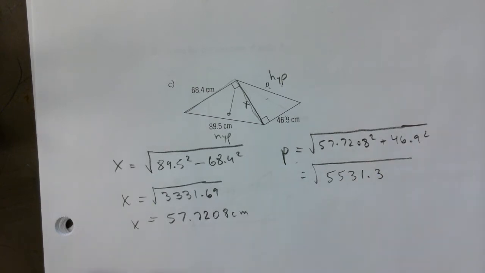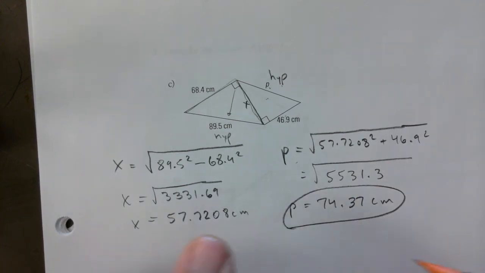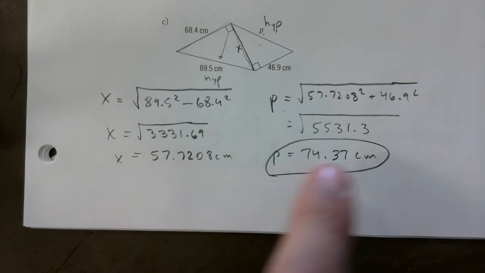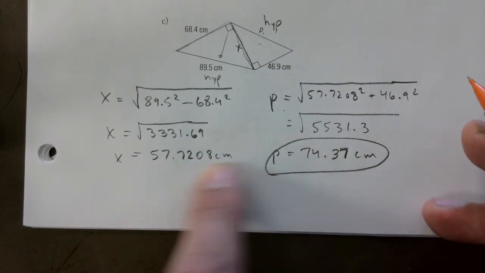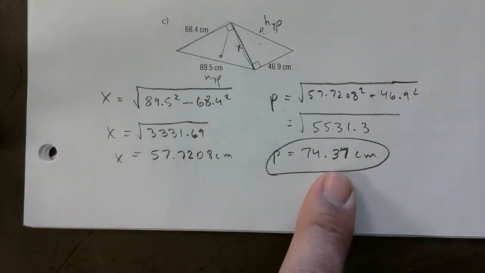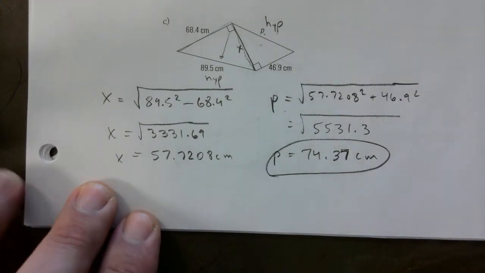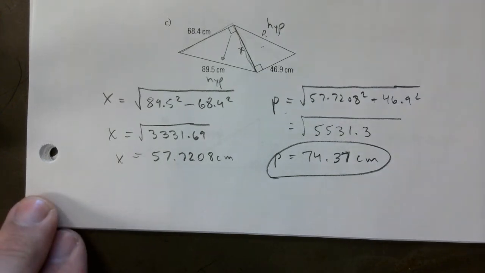Take the square root of that. P is 74.37, which you probably got regardless whether or not you used 4 decimals here. But if it does end up being a different answer by probably 0.01, then you would lose a rounding mark there, half a mark. So if you want full marks, basically I say this, use 4 decimals while you're working, and then your final answer round to 2. Use 4 along the way, final answers to 2.